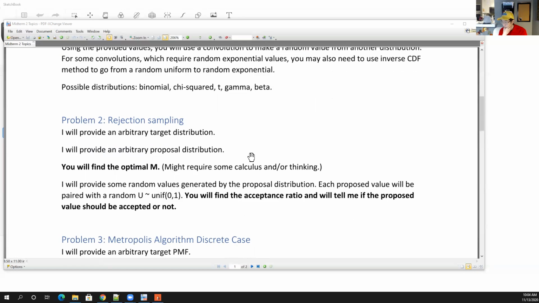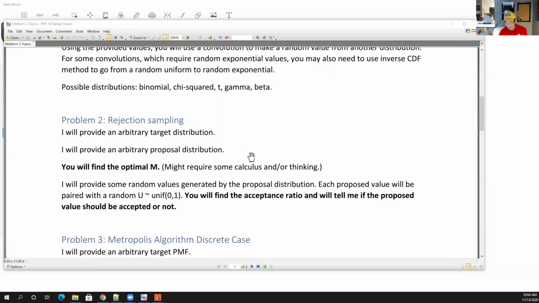Problem 2 will be rejection sampling. Okay, I'm going to provide some kind of arbitrary target distribution. I'll provide the PDF of a target distribution, and then I'll also provide an arbitrary proposal distribution.